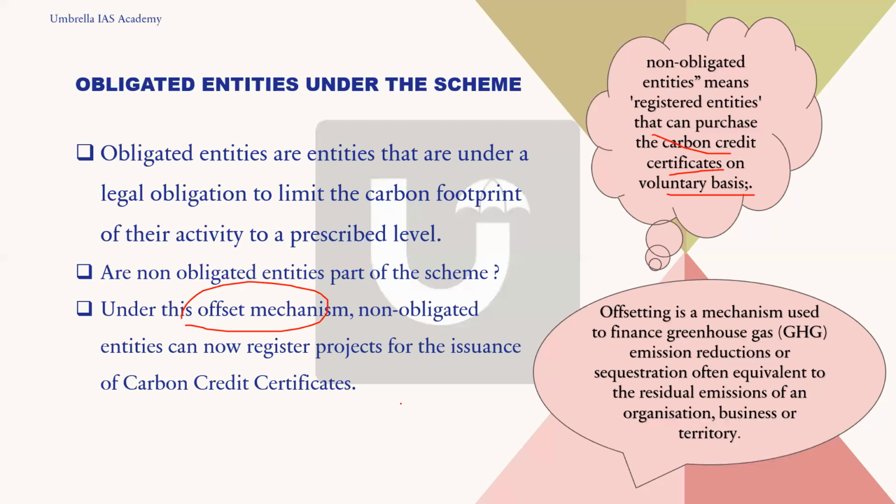So if my entity does rooftop solar installations, can I go for this scheme then? Definitely, yes. Though I may not be obligated to buy the carbon credits, whatever offset I have done, for that I can get a credit.